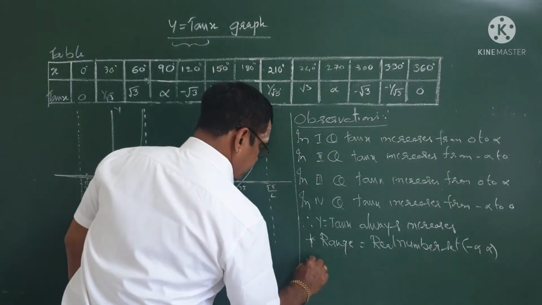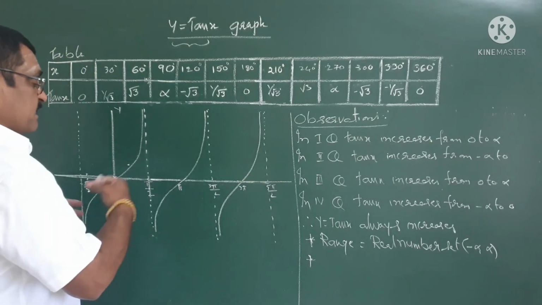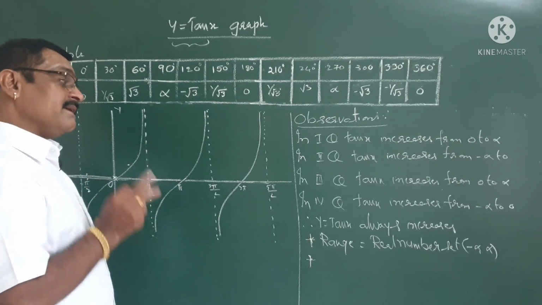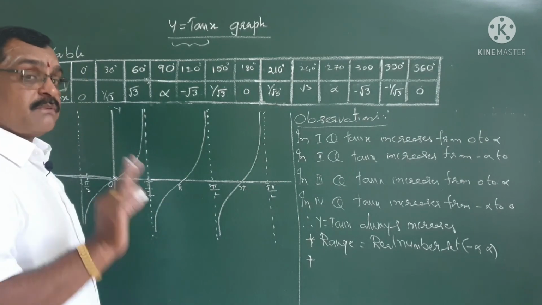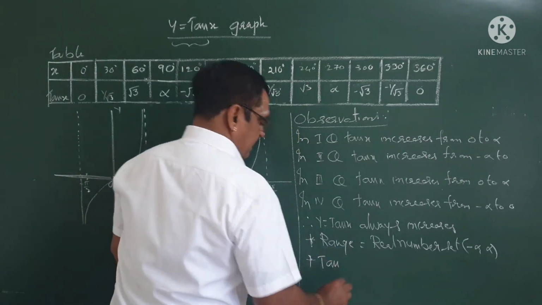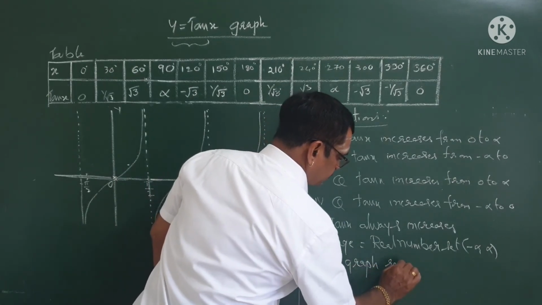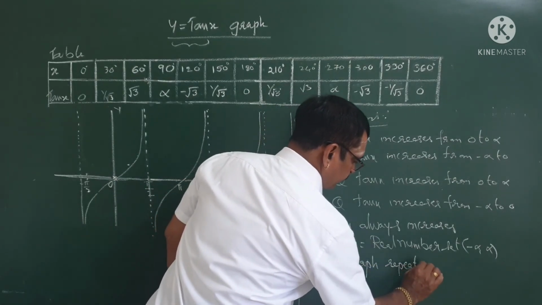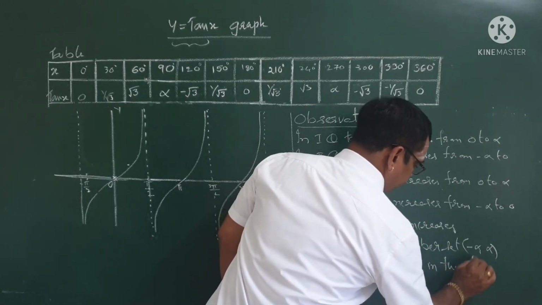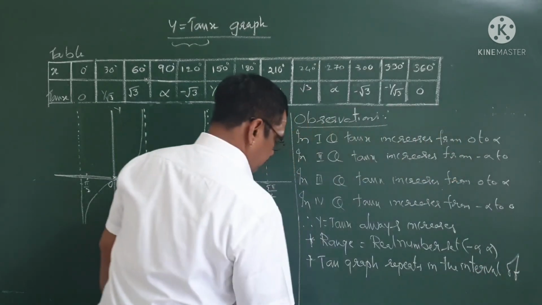Next one. It's a periodic function, right? Yes. Why? Because the shape of the graph is repeating in the interval of pi radians. So the tan is a periodic function with period pi. Tan graph repeats in the interval of pi radians.